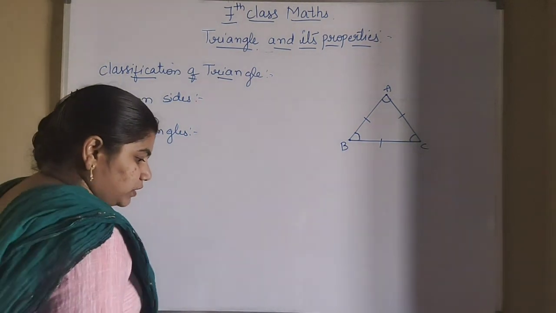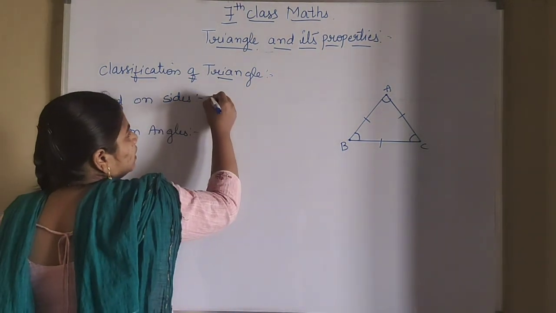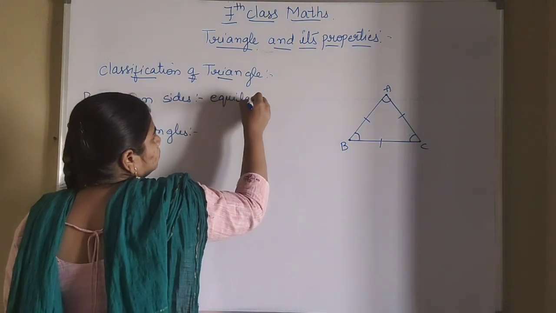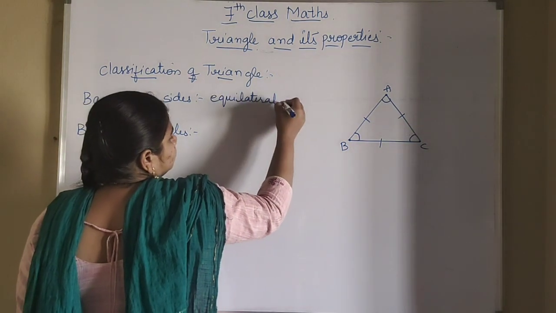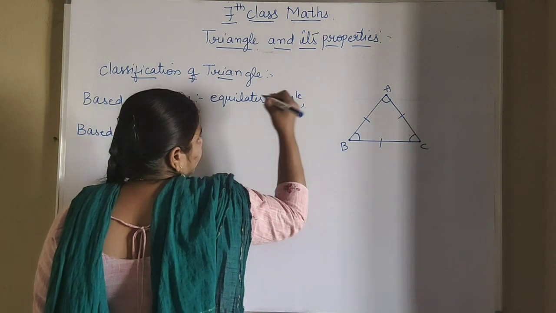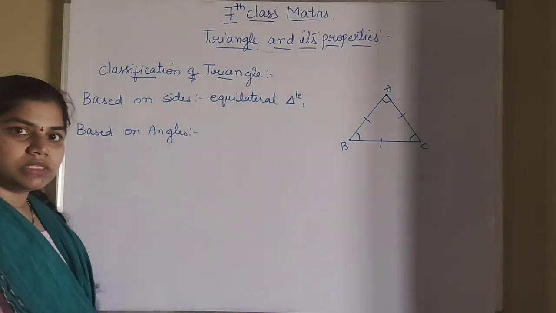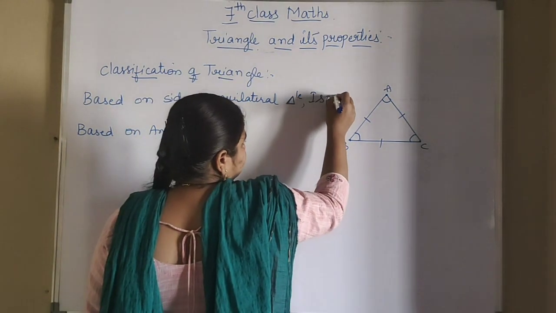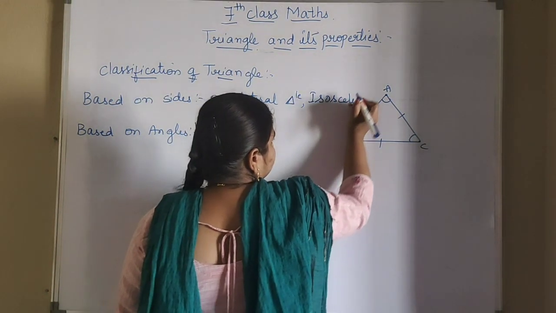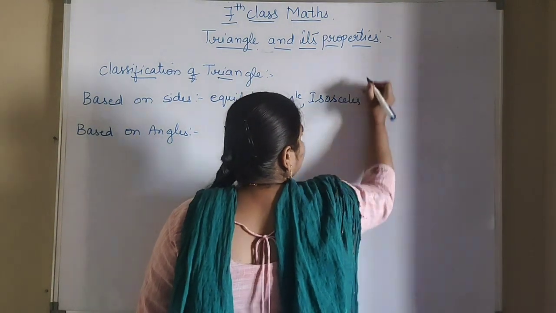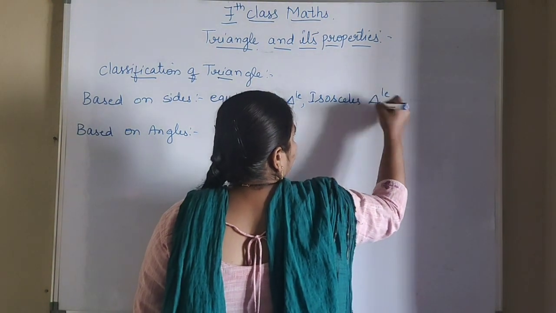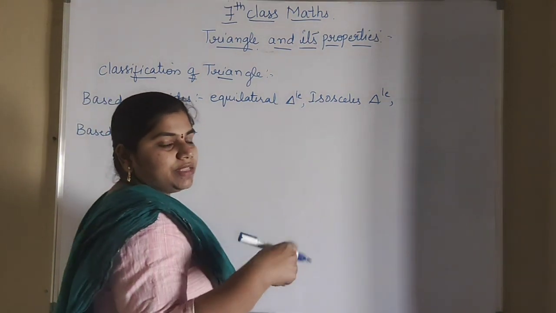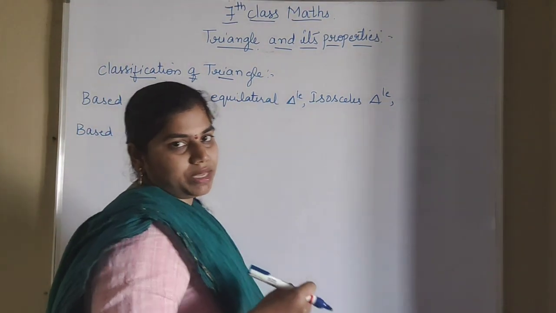So based on sides, which type of triangles are there? They are equilateral triangle; equilateral is nothing but all sides will be equal. Next is isosceles triangle; isosceles triangle is nothing but only two sides will be equal and the third side will be different.